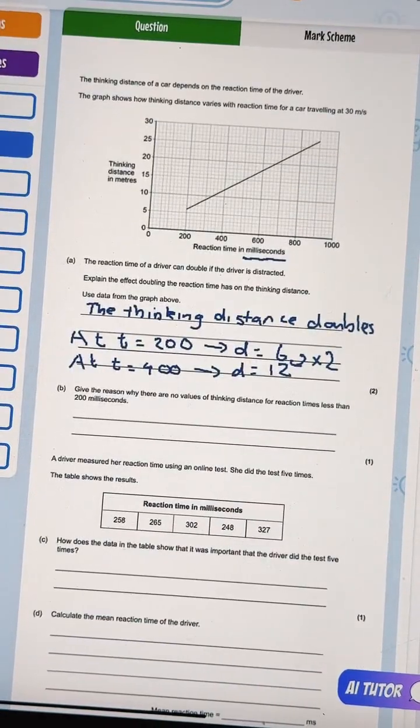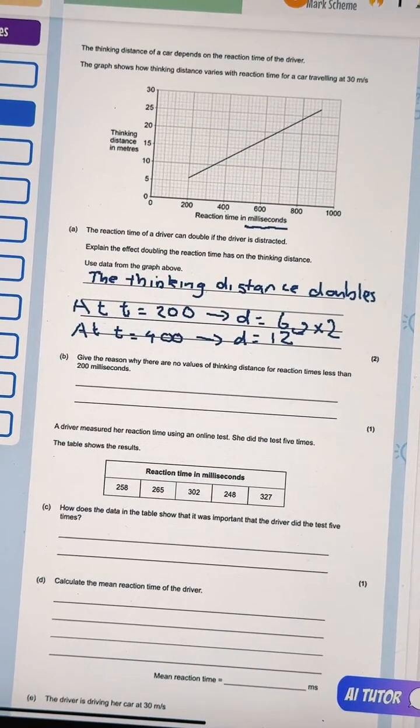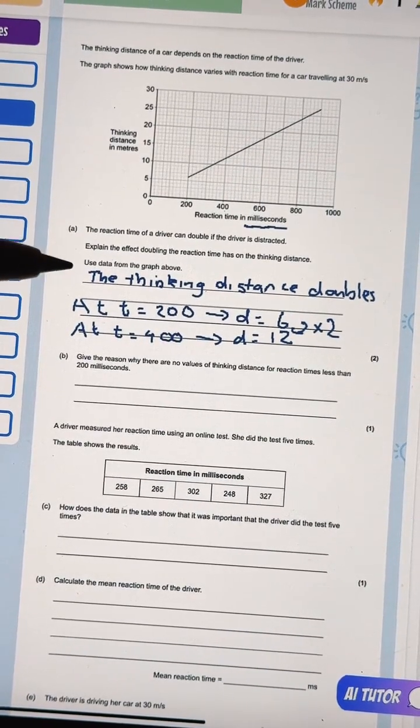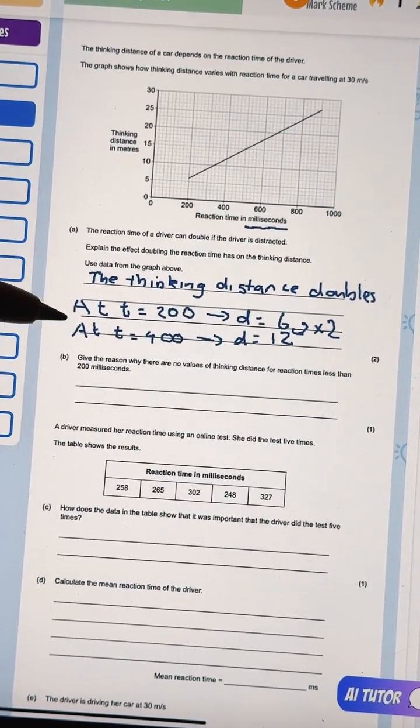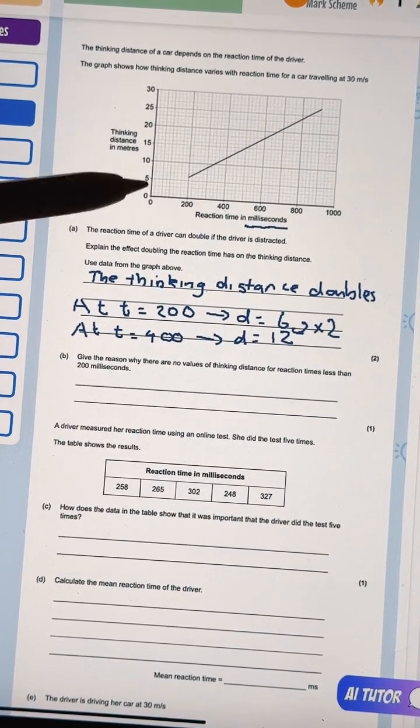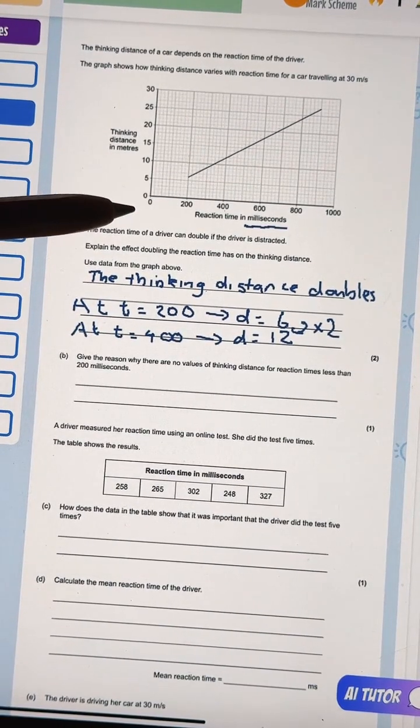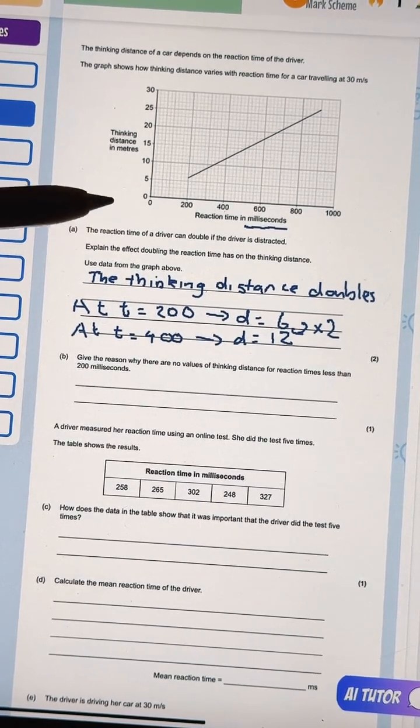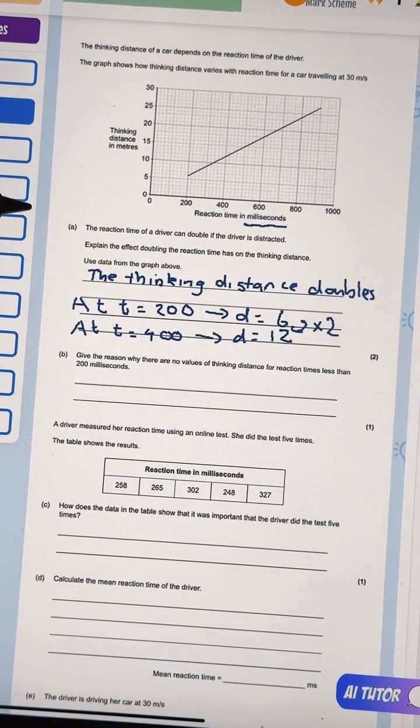So hence, someone mentioned they are directly proportional. Give the reason, though, why there are no values of thinking distance for reaction time less than 200 milliseconds. So why does it end here? Why doesn't it go through 0? Think about what the x-axis in particular is showing us.